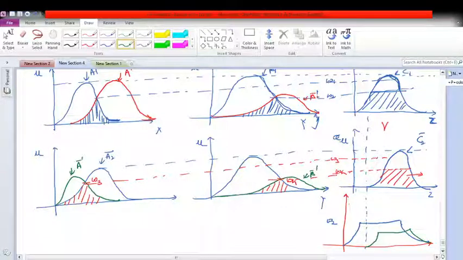Okay, so if you concatenate both the things, this is basically the ORing or concatenation. So this is your resultant C bar dash. Okay, and you remember that this is all in the fuzzified form.